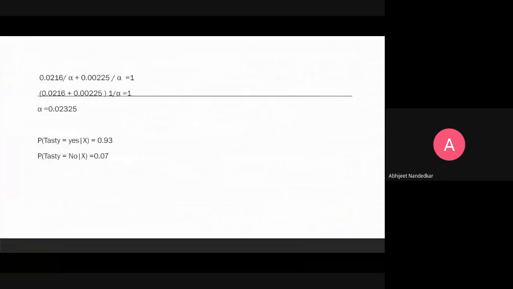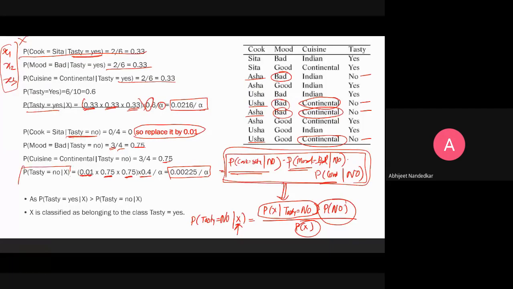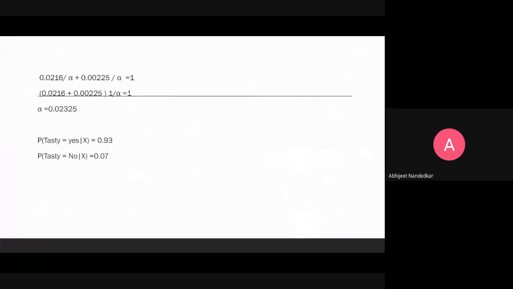Now, if at all I want to do that calculation of perfect probability, I know that the probability of taste equal to no given x plus probability of taste equal to yes given x is equal to 1.